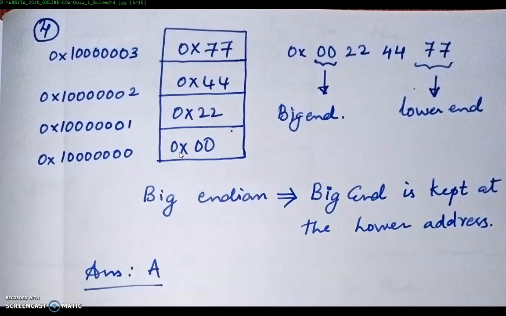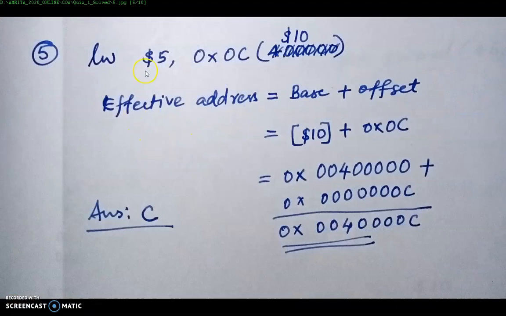So next question is, a load word is to load a register $5 from a location. A location is given. You have been given a register with a base address and you have to find the instruction. It's a very simple load word instruction which has base and offset values. Load word, this is the register to be loaded, this is the offset, and this is the base register.